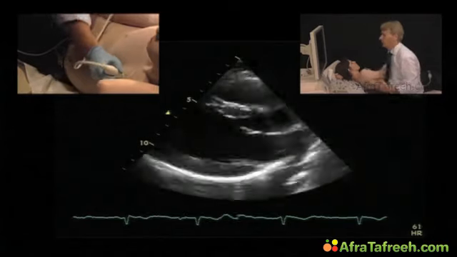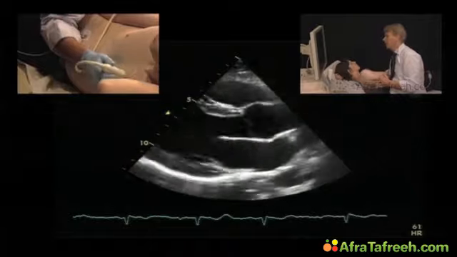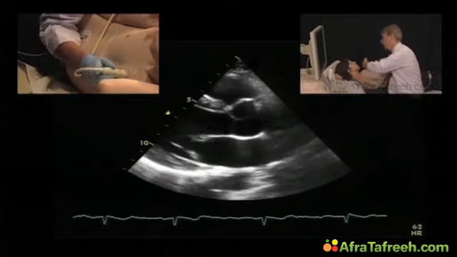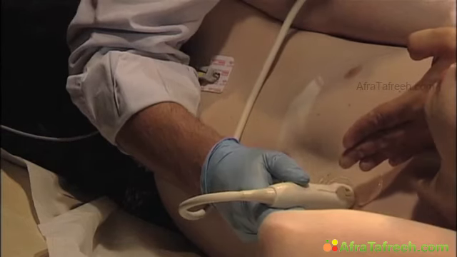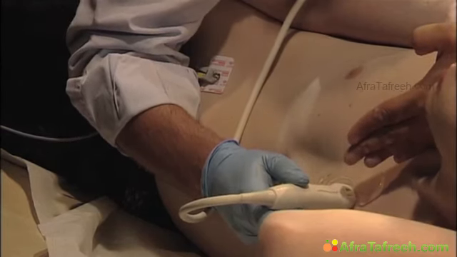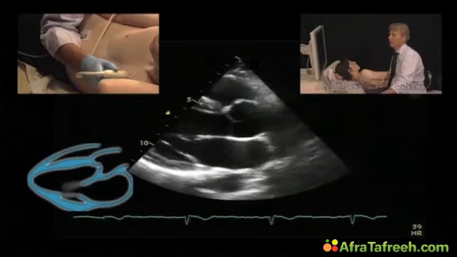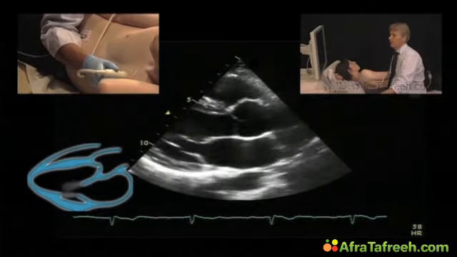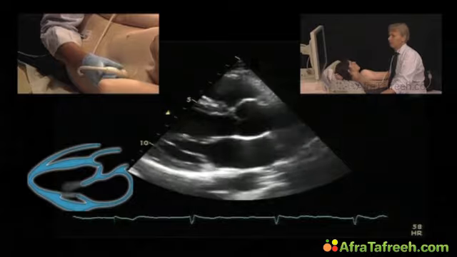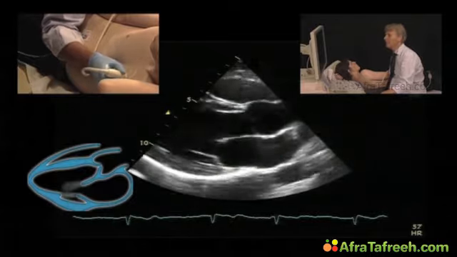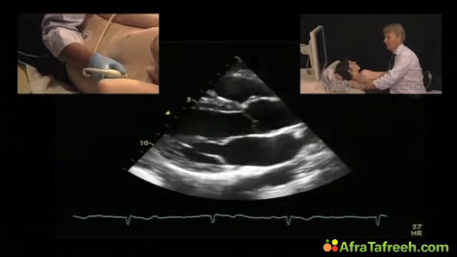Again, I'll show you the parasternal long axis view, and you can see nicely how the pointer is actually oriented towards the right shoulder, or in his case, somewhere in the region of the clavicula.